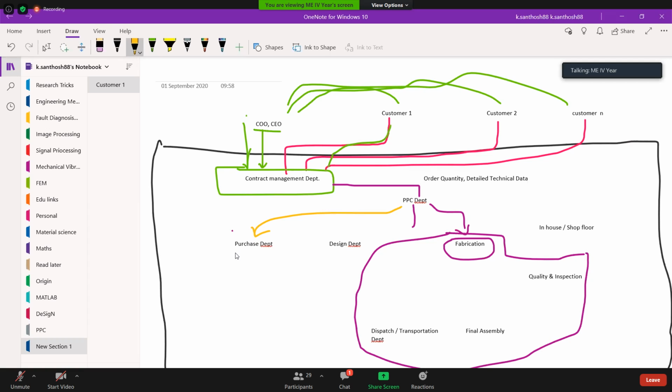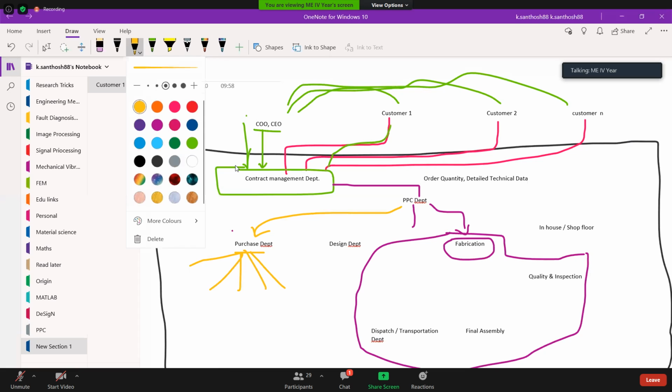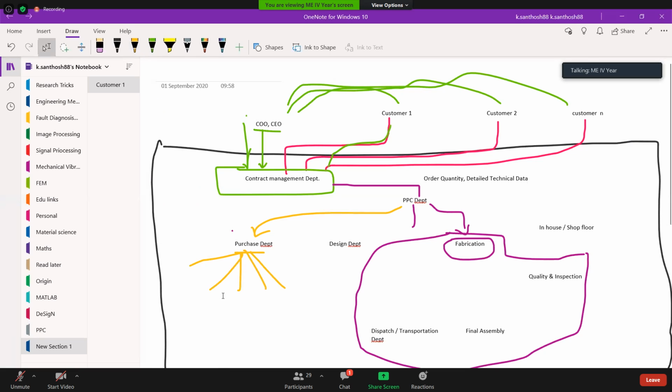So to the purchaser, what will this purchaser do? He has a number of contacts outside the factory, so we call them all vendors or suppliers.